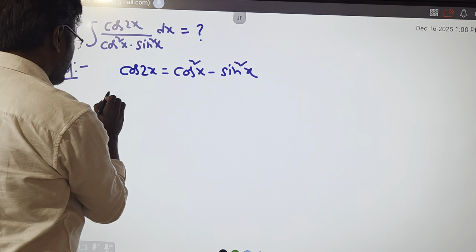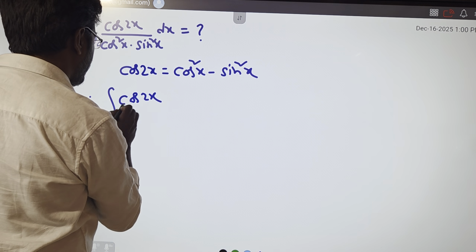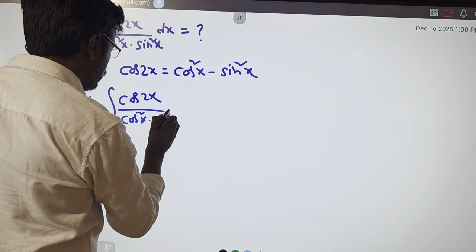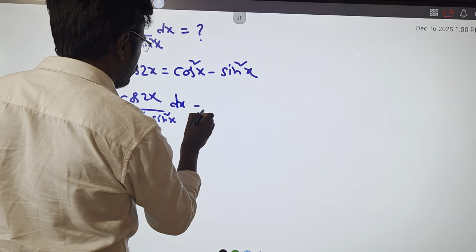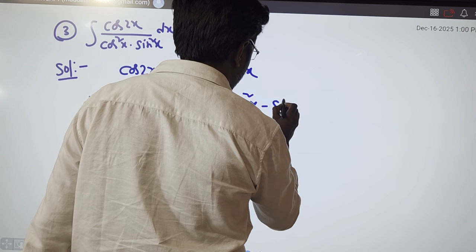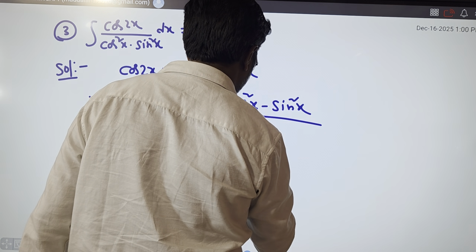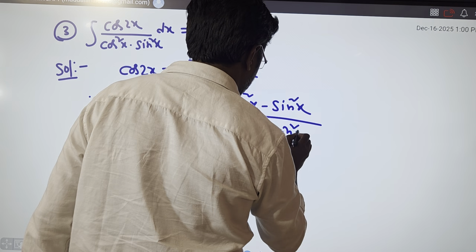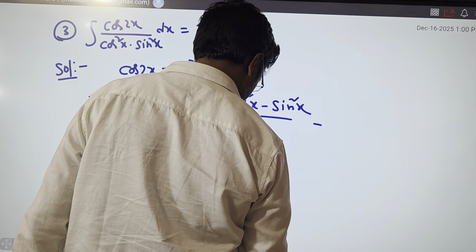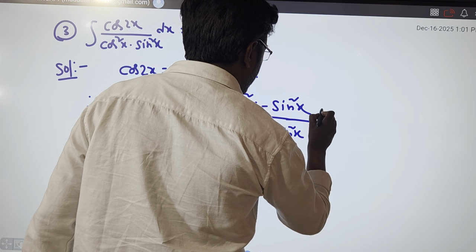So integral cos 2x by cos square x into sin square x dx is equal to integral, I can write cos 2x as cos square x minus sin square x, by cos square x into sin square x dx.